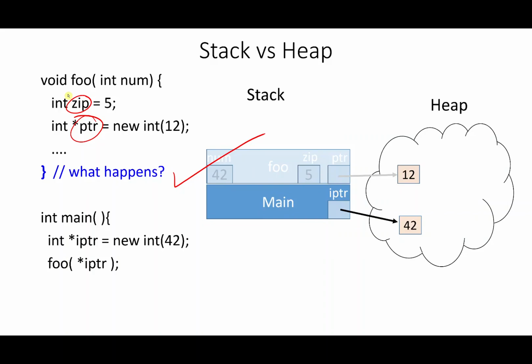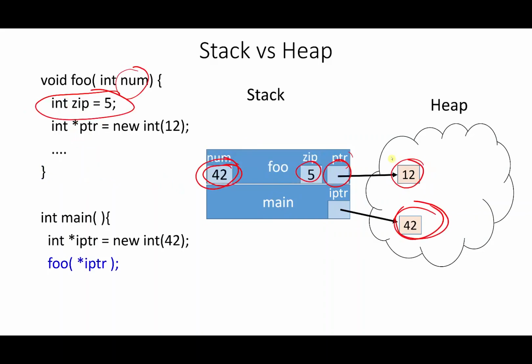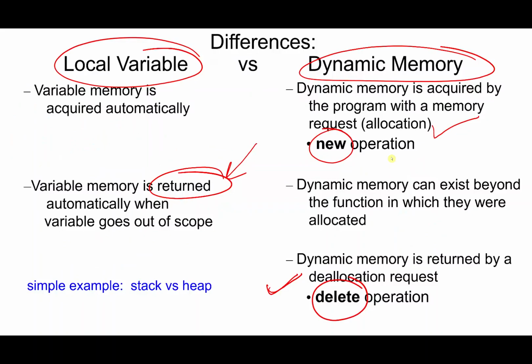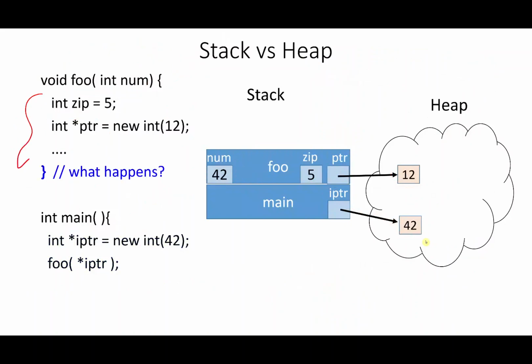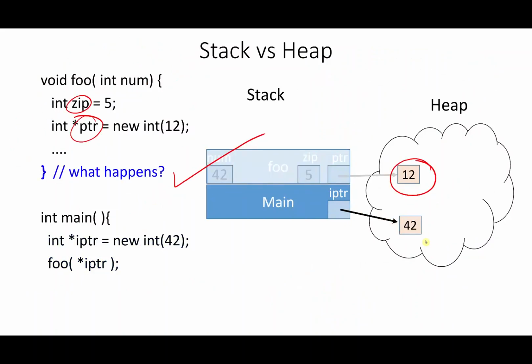But what concerns us is that now we have something in the heap we did not return. Remember, you have to return using the delete operation, and we did not use anything. So, since this iptr is now deleted as a local variable, 42 is not returned.